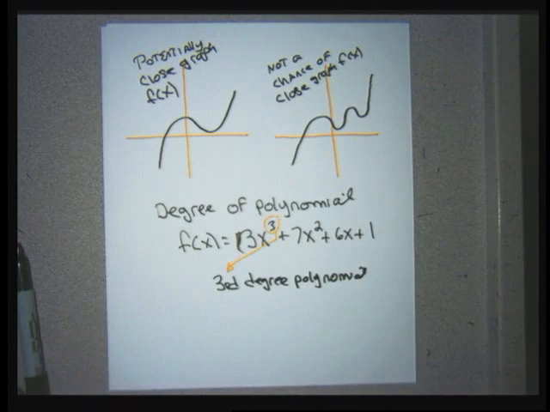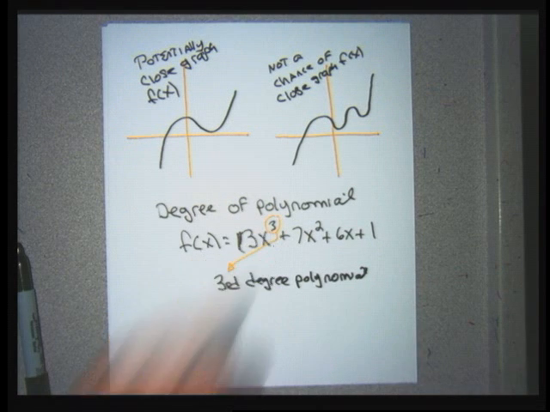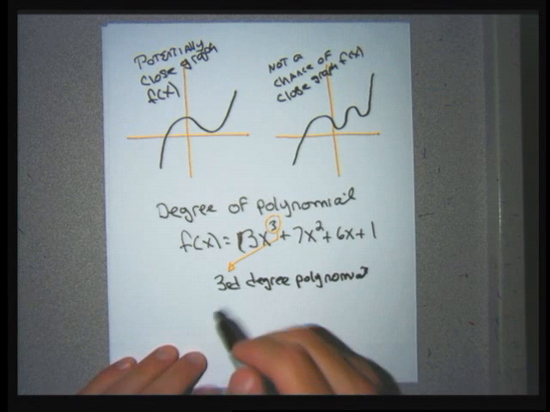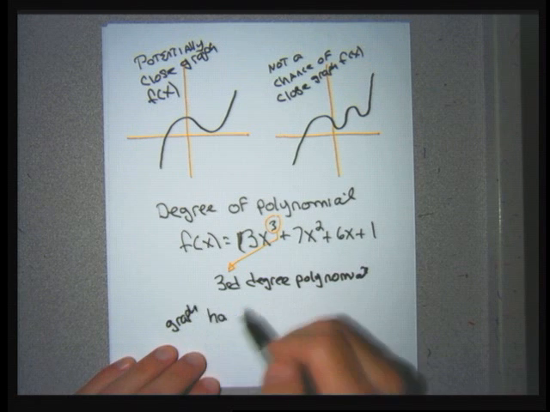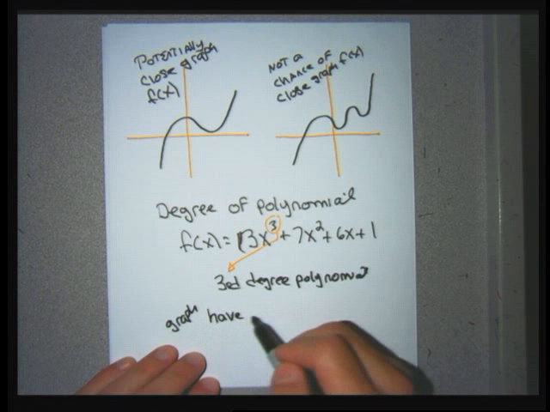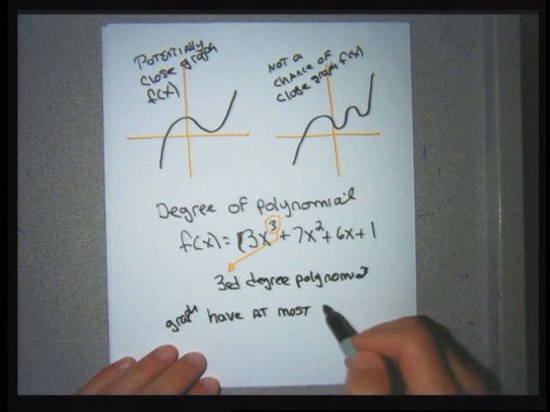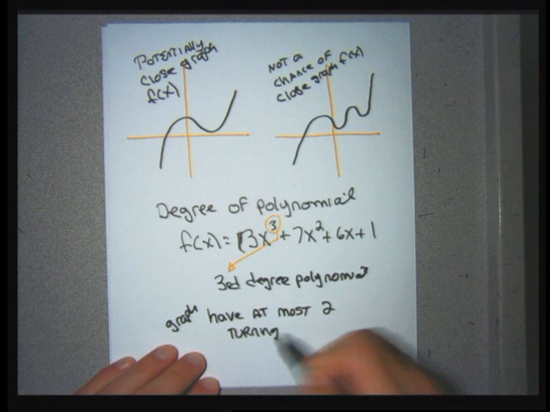Very specifically, when I look at a polynomial, polynomial graphs usually have humps in them or turning points, and a third degree polynomial could have less, but it will have in its graph no more than, or at most, 2 turning points.